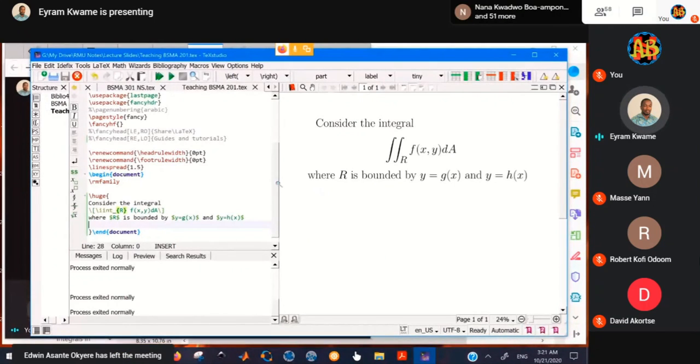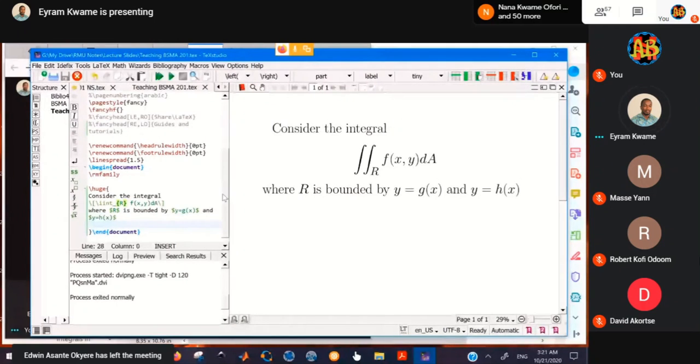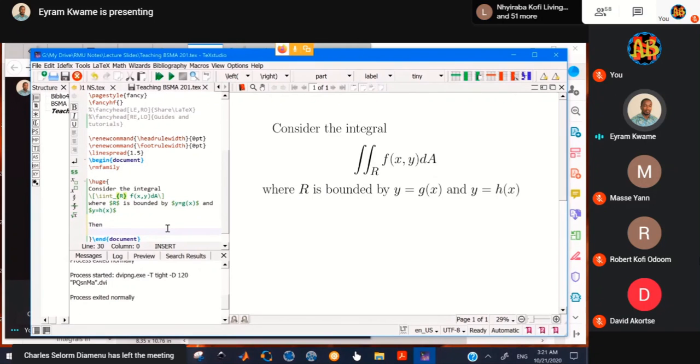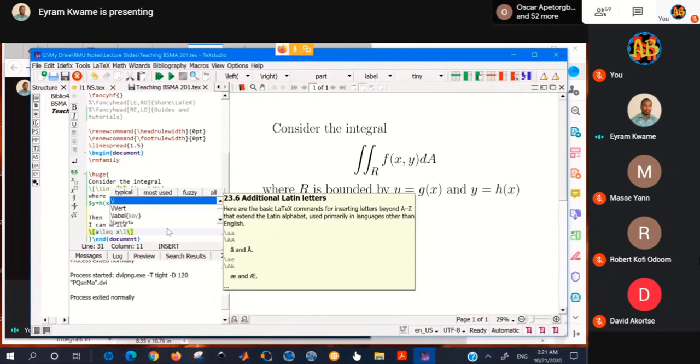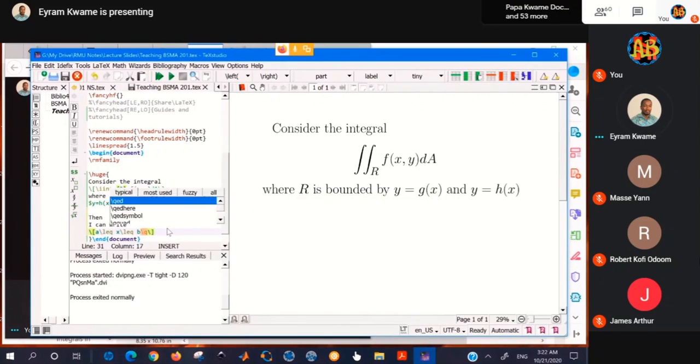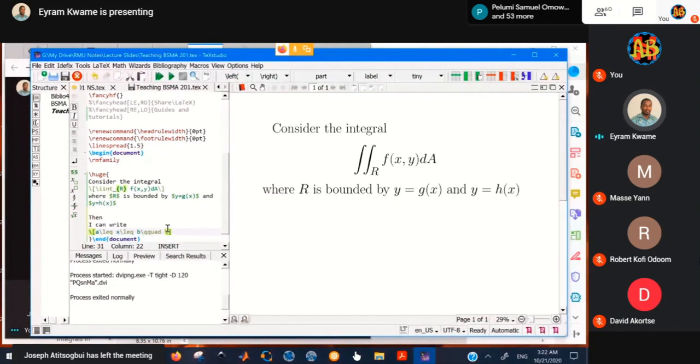Okay, so if I have this situation, then I can write this. The limits of the integral as what? a less or equal to x less or equal to b, and then y is bounded between g of x.